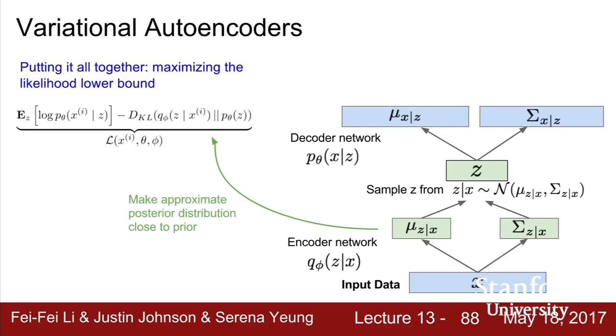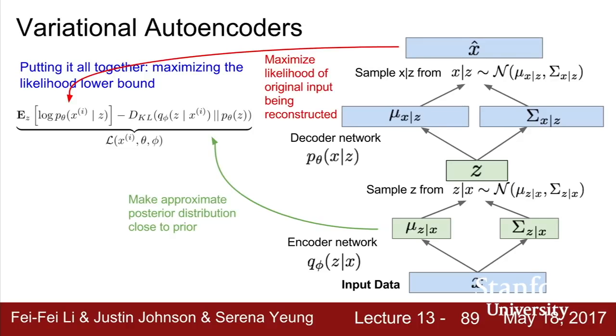Then we pass the z through our second decoder network, and from the decoder network we get the output for the mean and variance of our distribution for x given z. Finally, we can sample our x given z from this distribution, and this will produce some sample output. When we're training, our loss term is going to be the log of our training image pixel values given z.